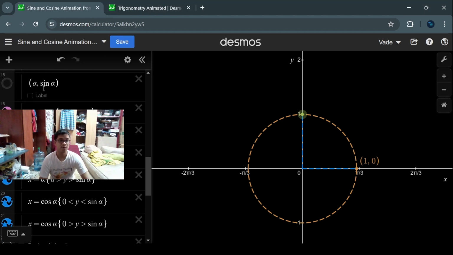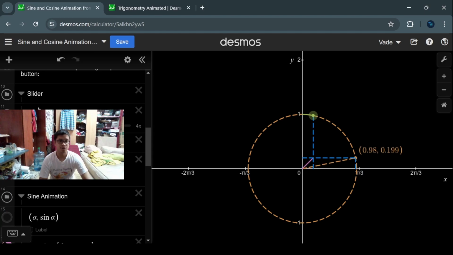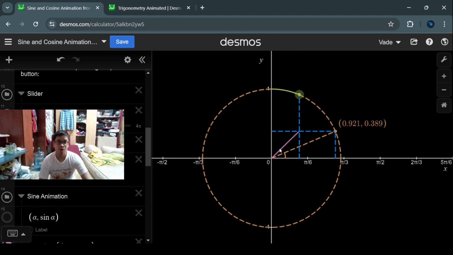I'm going to focus first on the sine. So here's what will happen. Look at the color pink of the curve, the one you see right now.